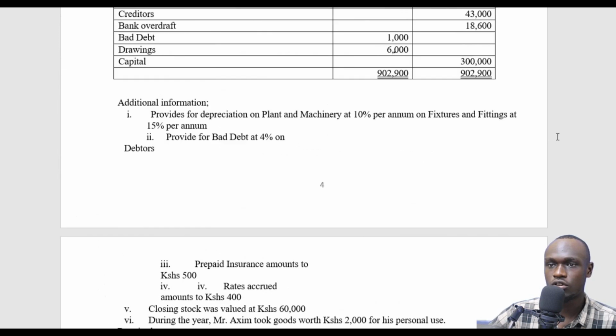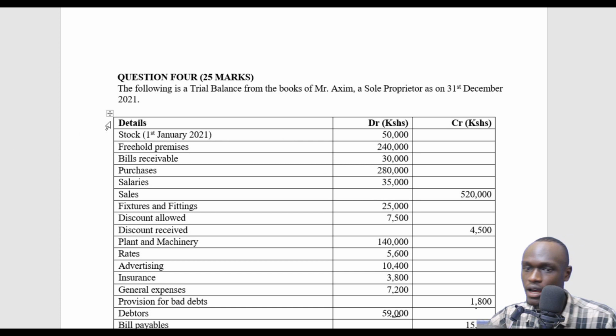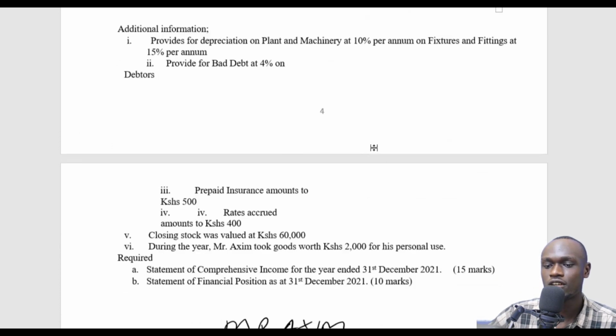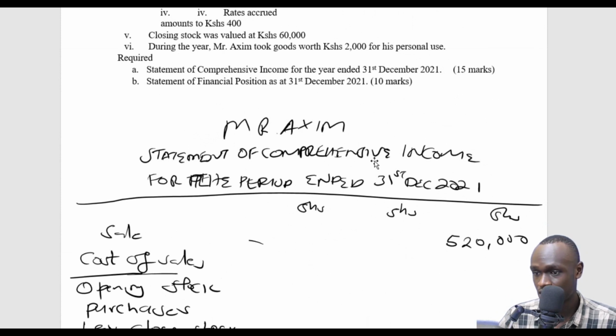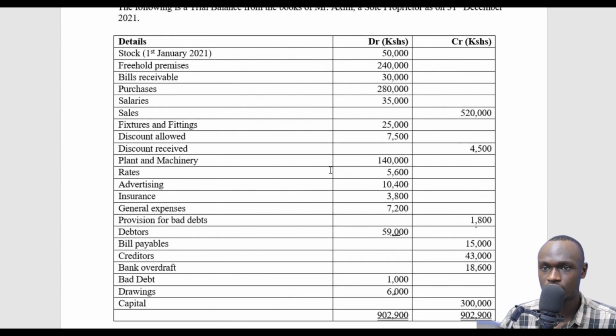So opening stock as at 1st January 2021 is 50,000. Then purchases is here, 280,000 shillings.